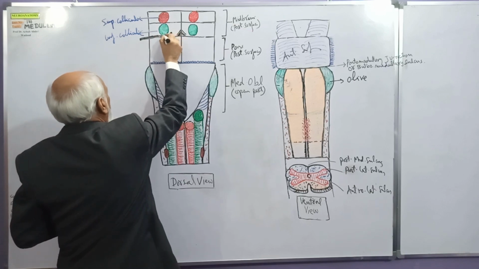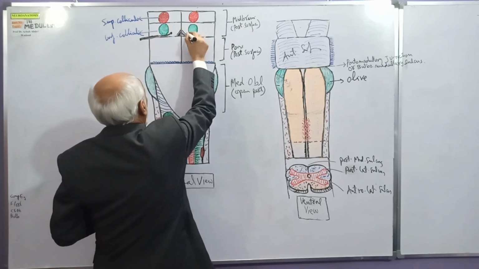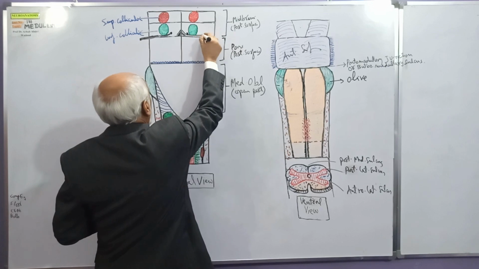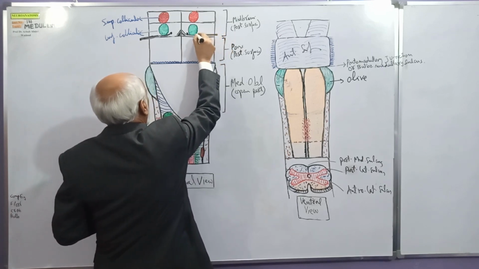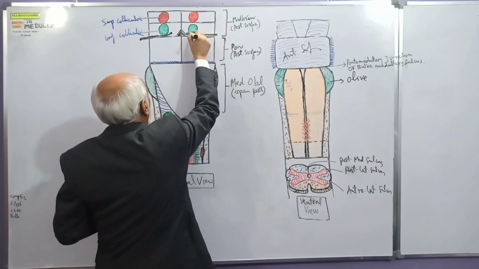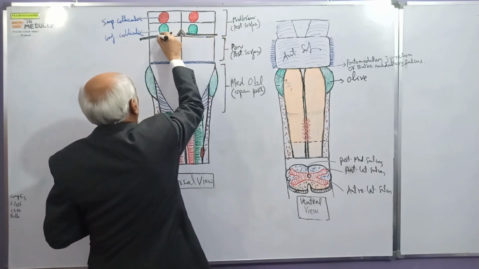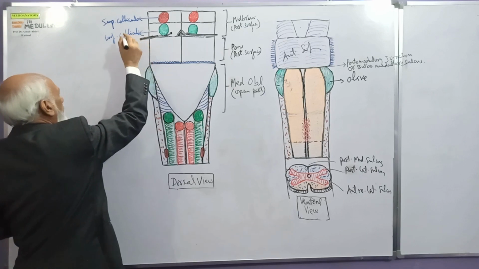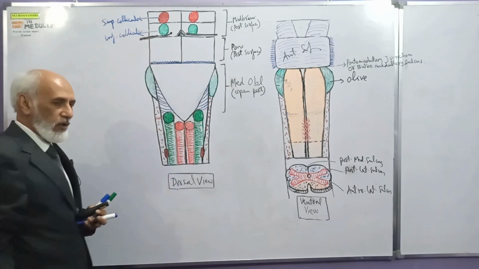This is the right trochlear nerve, and this is the left trochlear nerve. Right and left trochlear nerves.